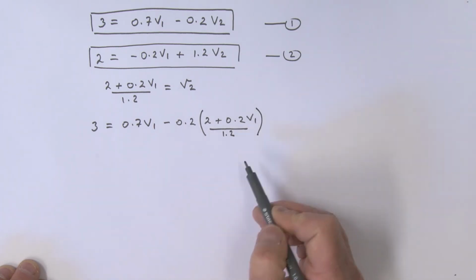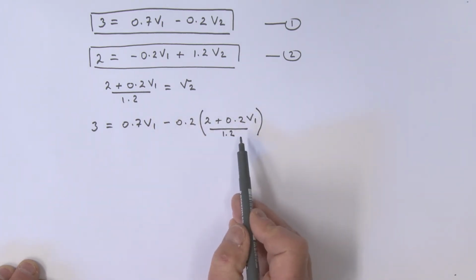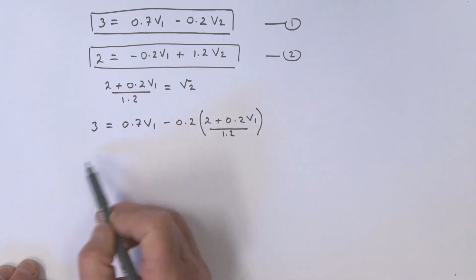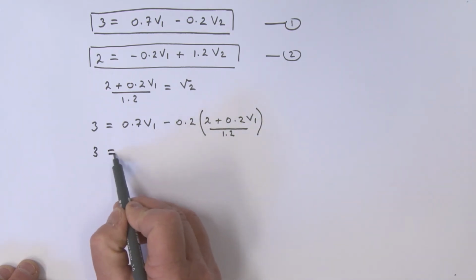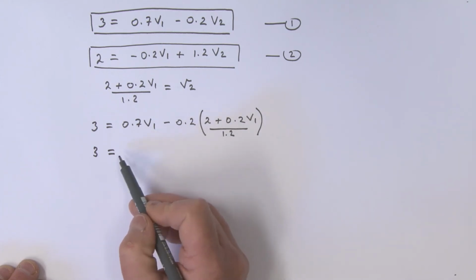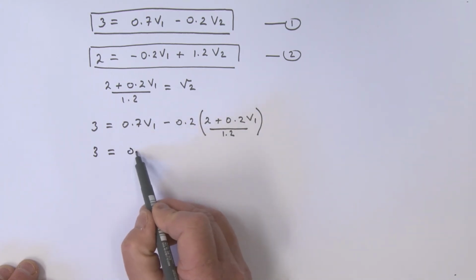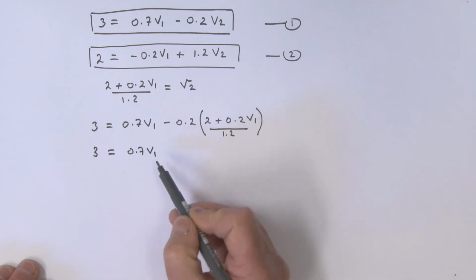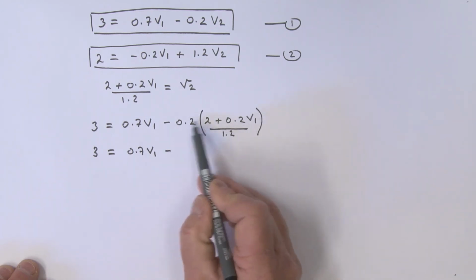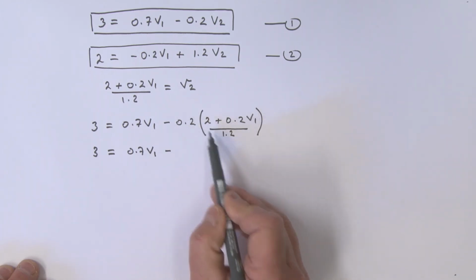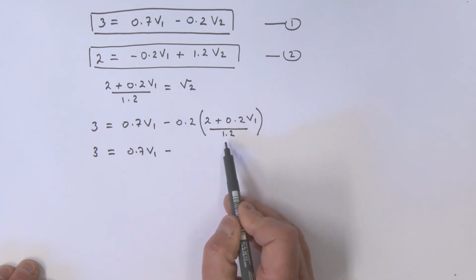We'll close the bracket. So now we just need to effectively collect our terms together. So what do we have here? We have 3 is equal to 0.7 V1, and then that's a minus. So I'm just multiplying this out. There's 0.2 times 2 divided by 1.2.